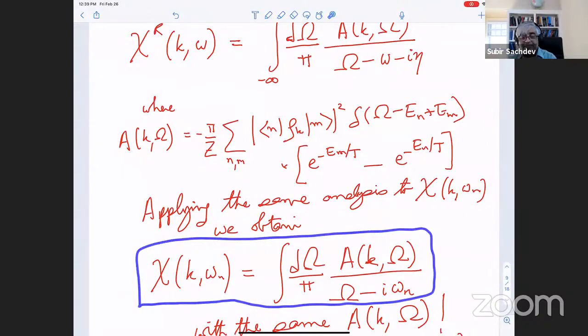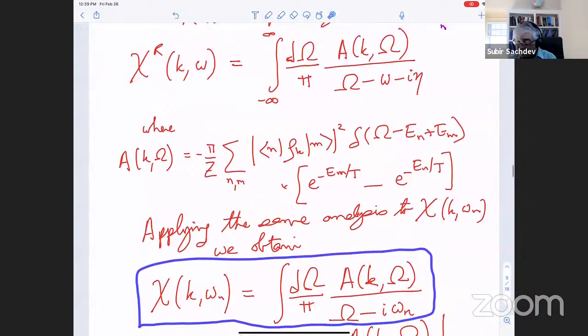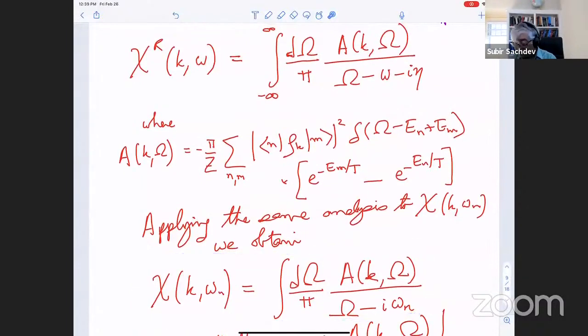And notice they're almost exactly the same. In fact, they're pieces of the same analytic function in the frequency space, because the numerator here, the spectral density, is exactly the same with no changes whatsoever. So basically, to go from chi of k and omega to chi of k and i omega n, the Matsubara frequency, which is omega n, that's the notation I've used, all you have to do is replace this omega plus i eta by i omega, where these are the Matsubara frequencies.